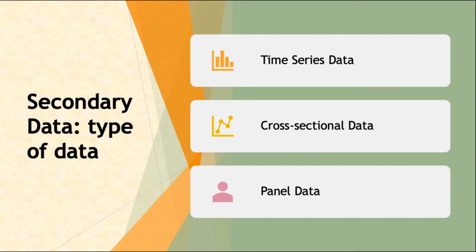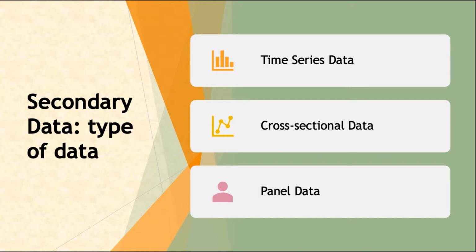Secondary data has 3 types. We have the time series data, where we have only one country or one company or one firm, but we have several years of data.